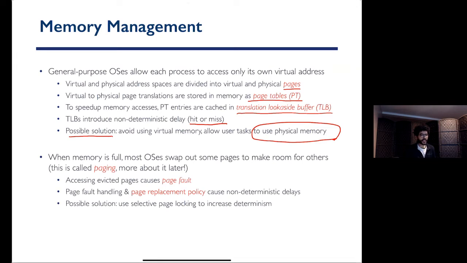The other thing with paging is when the memory gets full, as you saw in 252, and I also mentioned, sometimes you have to swap a process to disk, right? Which is called paging. You have to put some of these pages on disk so that you have space for other processes. Now, if you start running your process again and it needs some certain pages that are not in memory and are on the disk, then a page fault happens.